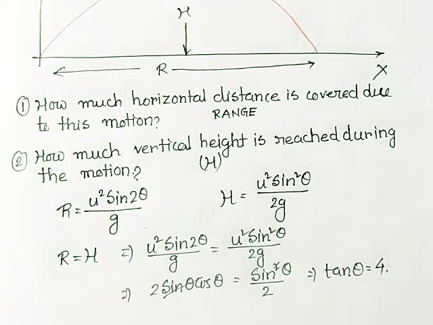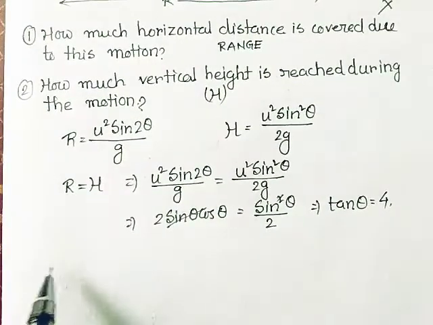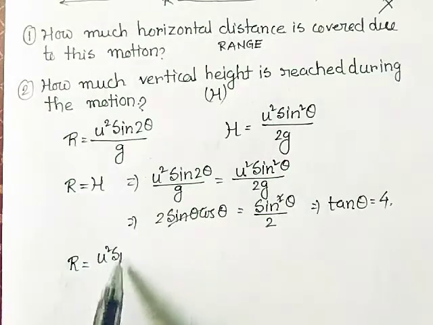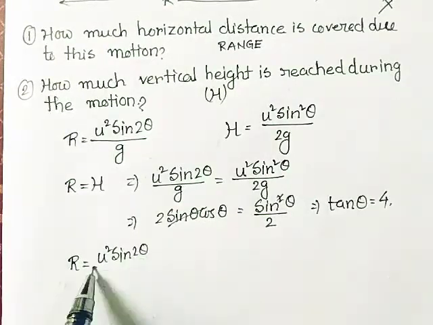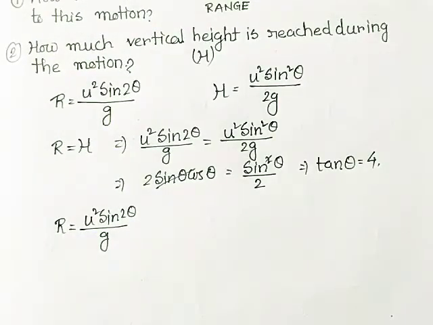Next is our point of interest. What is the condition for the range to be maximum? The range expression is u square sine 2 theta divided by g. This can be found out in two ways: one is the method of derivative and the other is the method of concept.